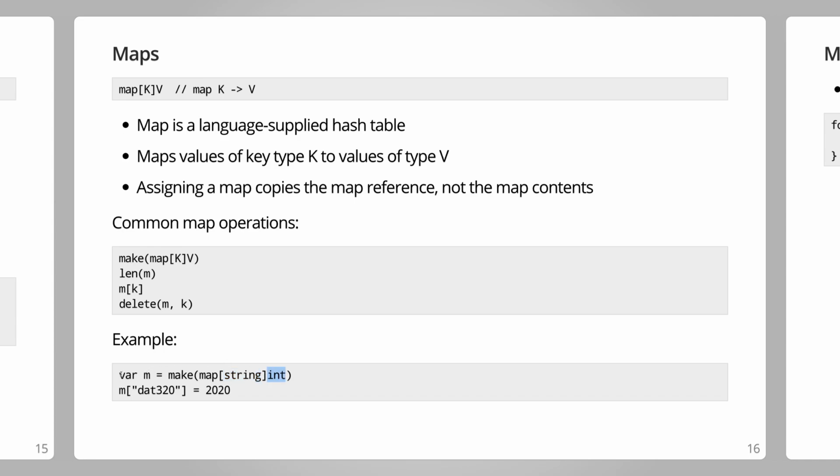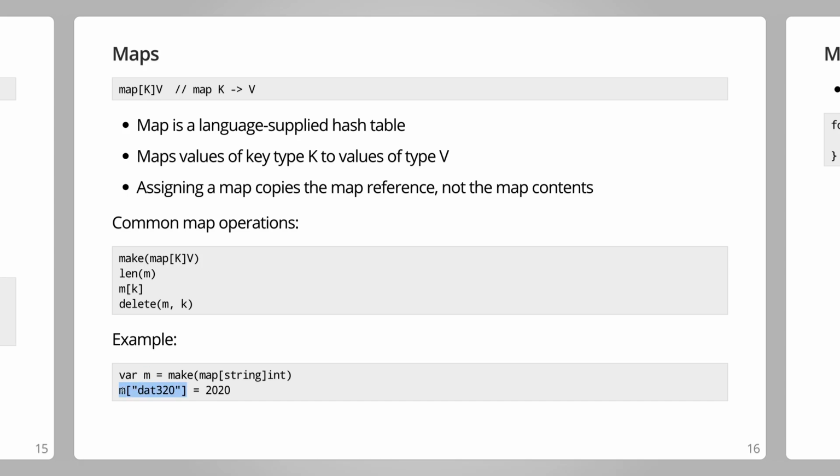And here we declare var m, so we're saying that m is of type map from string to int. And we can use this map m in this way here.